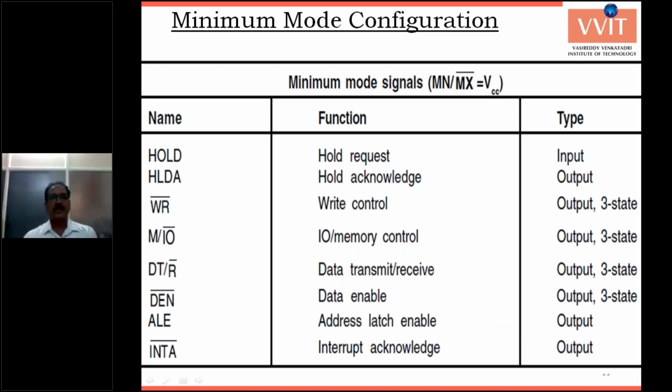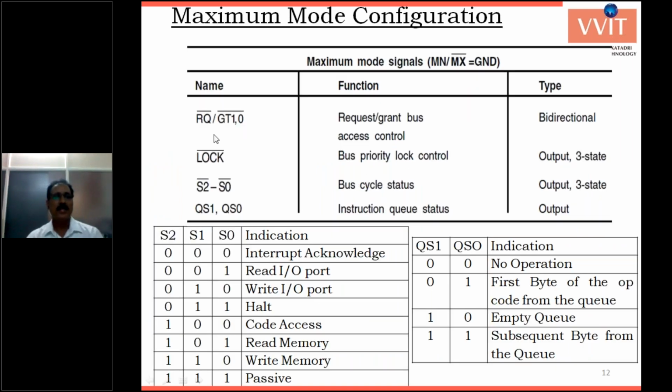The next, maximum mode. Pin numbers 24 and 25 are indicated as QS0 and QS1, the instruction queue status. In maximum mode, the 8086 supports multitasking. In multitasking, when one task is terminated, it immediately hands over to another task or holds that task.